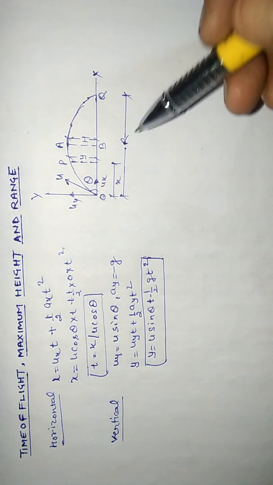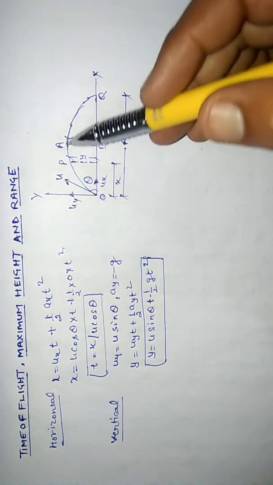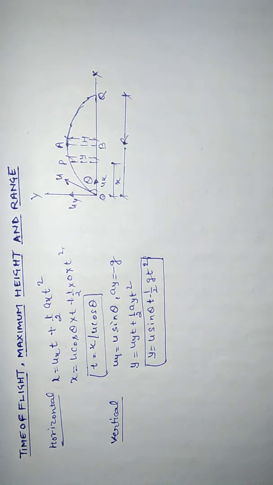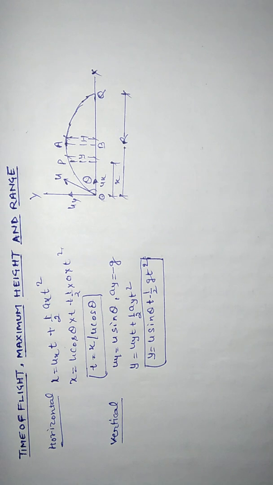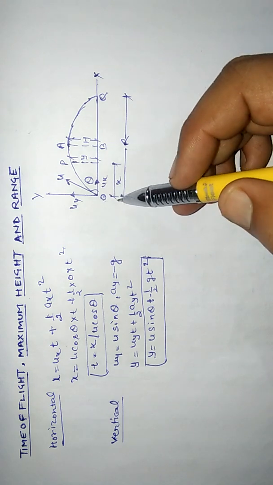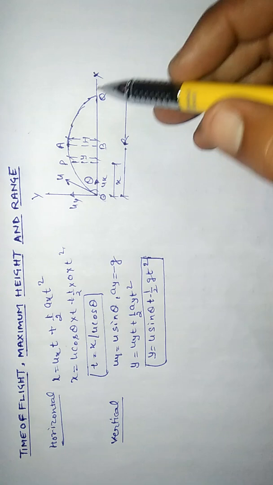As we can see, the motion from O to A and then from A to Q are symmetrical. So the time will be equal to t by 2 from reaching point O to A and then from A to Q.